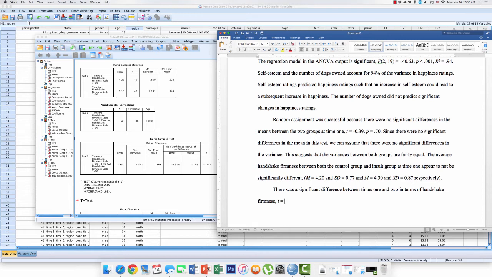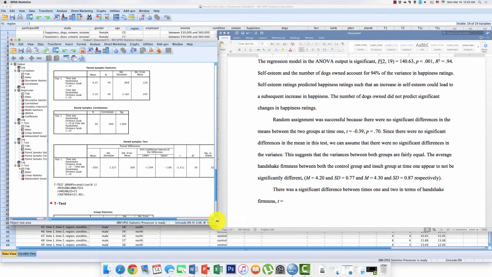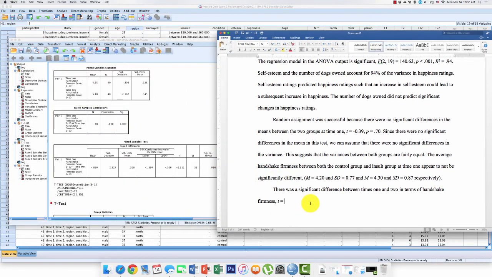T equals negative 2.31, and the p-value is equal to 0.03.